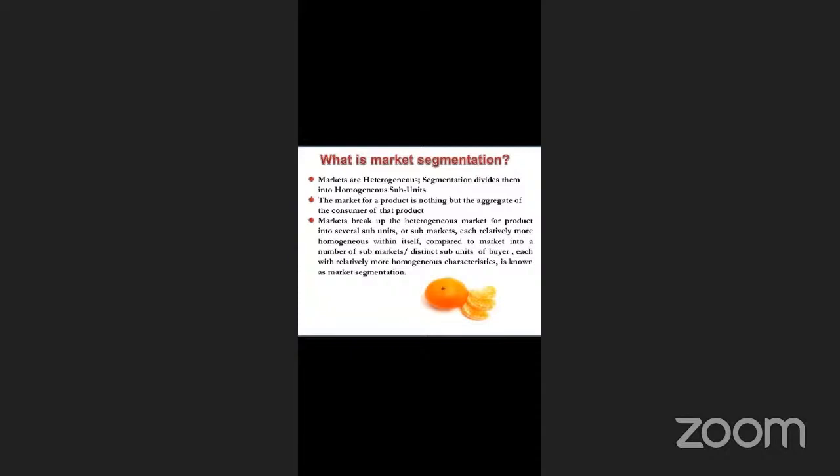The market for a product is nothing but the aggregate of the consumers of that product. So we break up the heterogeneous market for a product into several subunits or submarkets, each relatively more homogeneous within itself, compared to the market as a whole. These distinct subunits of buyers, each of a relatively more homogeneous character, is known as market segmentation.